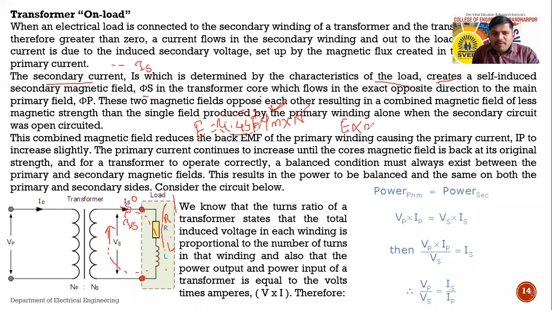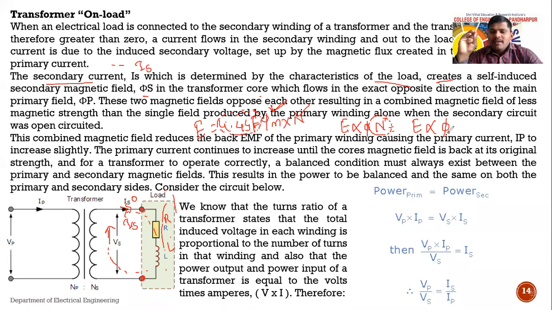So E is directly proportional to phi into N. Again N, the number of turns of the transformer, is also constant, so the induced EMF is directly proportional to phi, right? So if the flux is created by the secondary current, due to that some EMF will be induced in the secondary side.